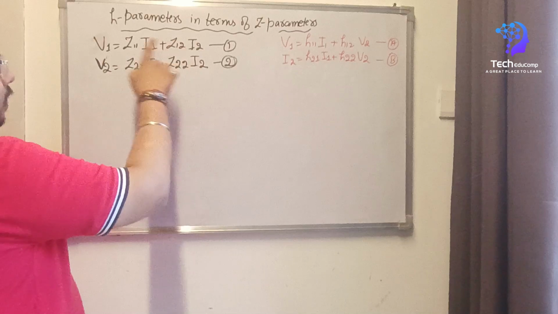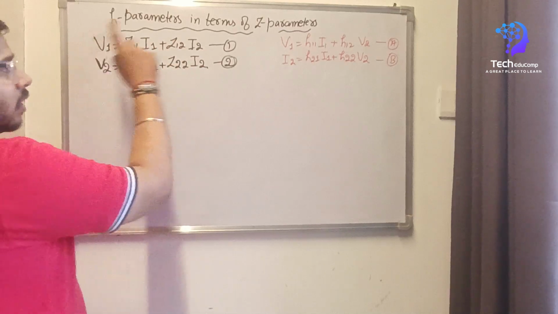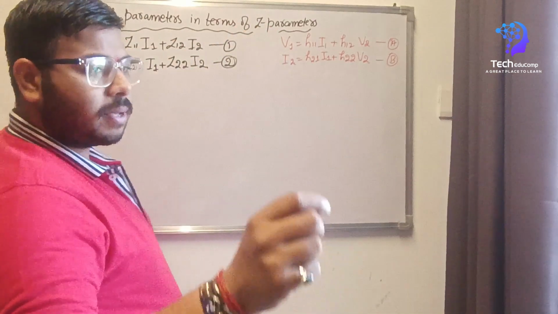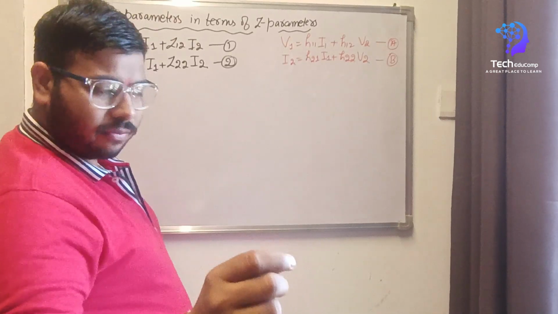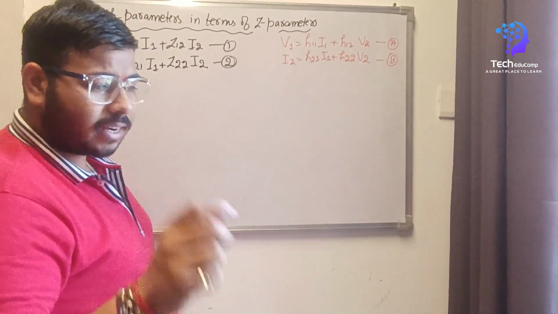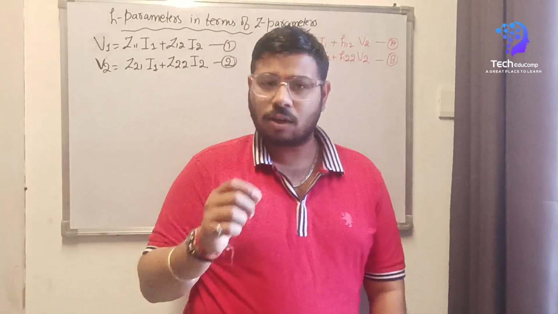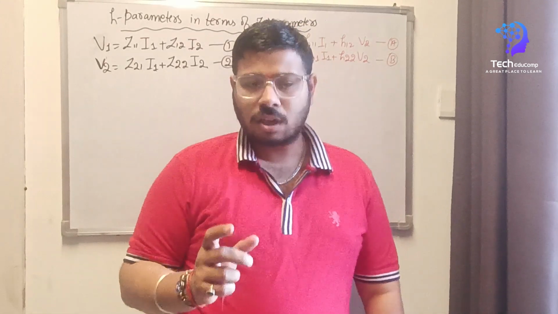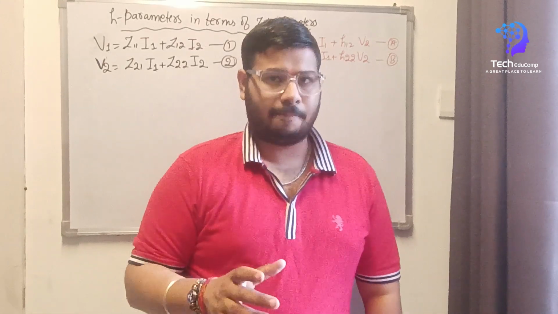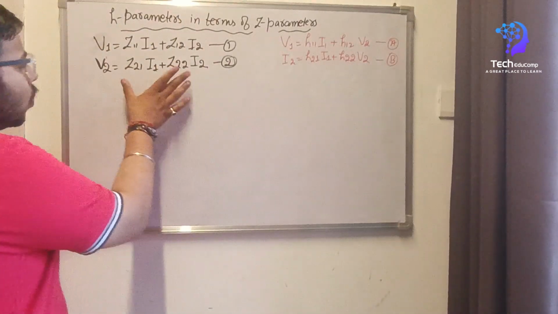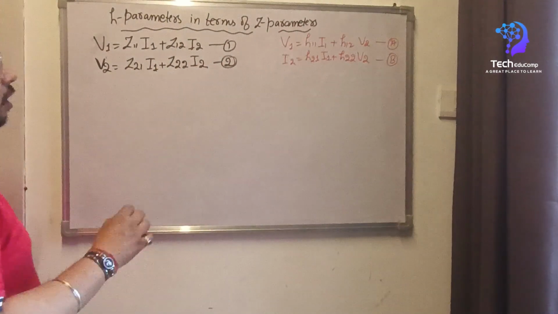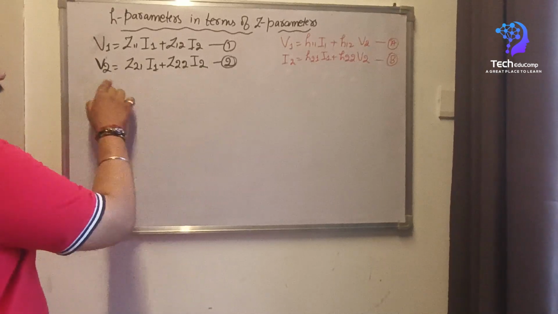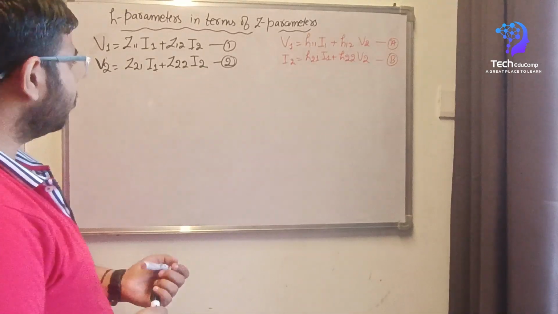The similarity is that equation 1 and equation A both have the same parameter V1 on the left hand side, but the second equation and B equation are different. So can we rewrite this whole equation in terms of I2? Yes, we can, but we have to modify this second equation. How can we modify it?